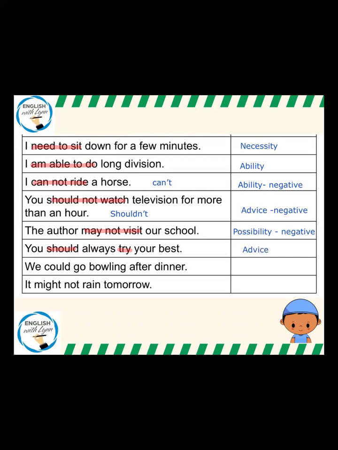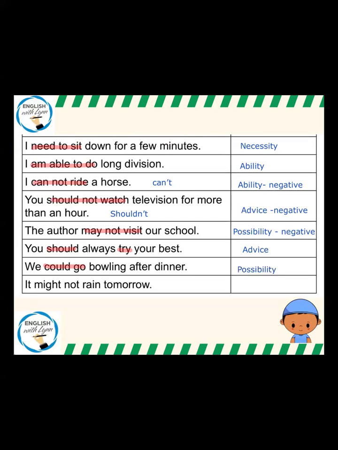And then, "we could go bowling." Could is my modal verb. Go is the main verb. And bowling is the activity that you are doing, so that would be the noun. Then "after dinner" is your adverbial saying when you could go. Because there is a chance that you won't go bowling, again it is a possibility.